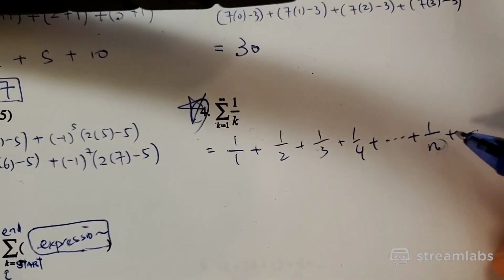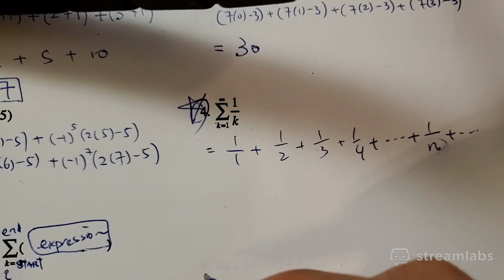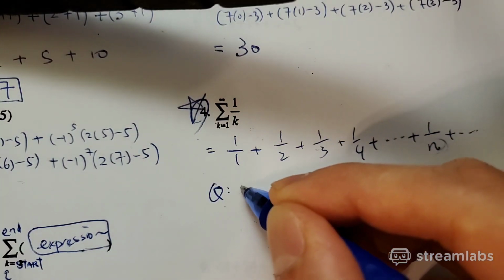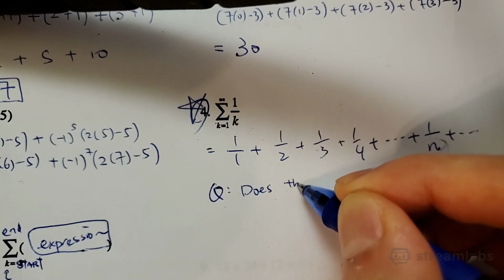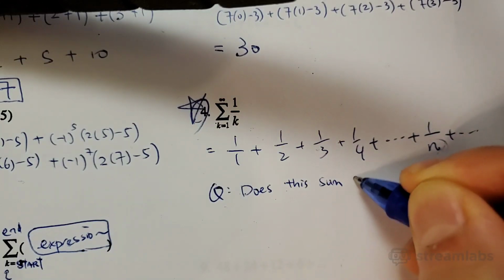You don't want to put infinity here because infinity is not a number. So I just keep 1 over n, whatever n is, and then it keeps going. Okay? Now, question for you. Do you think, okay, we're not going to prove this, but question, does this sum converge?